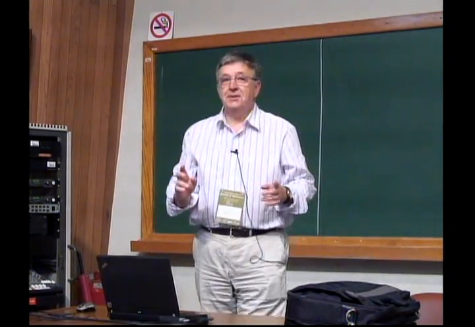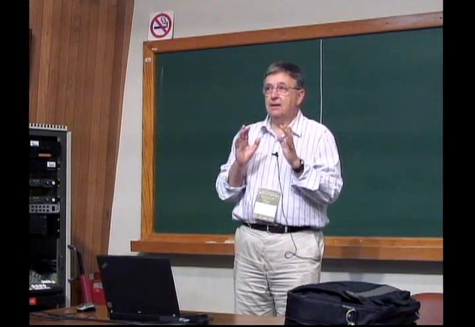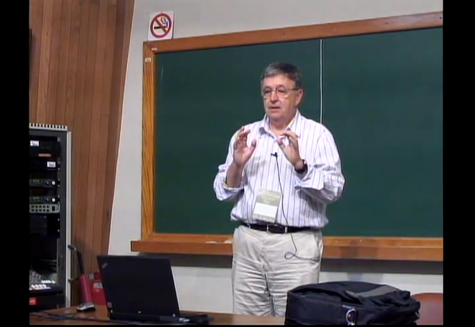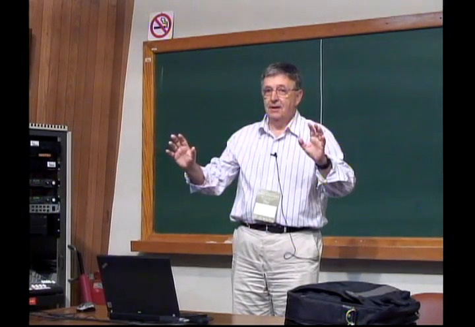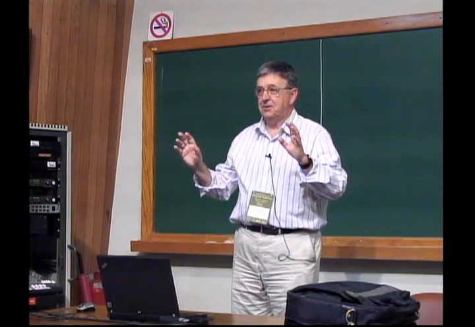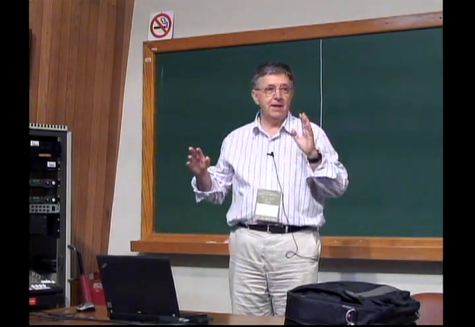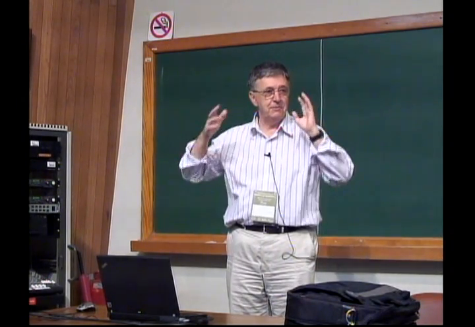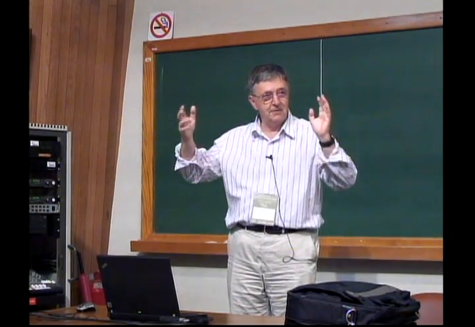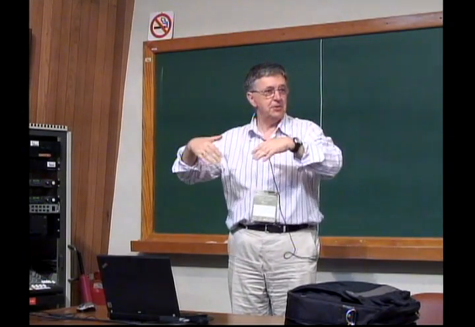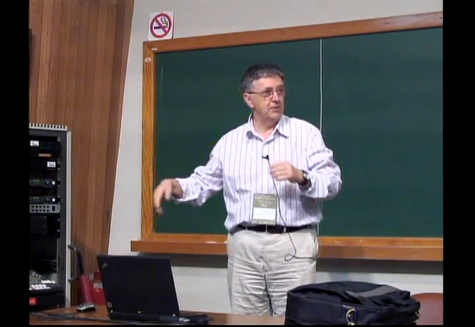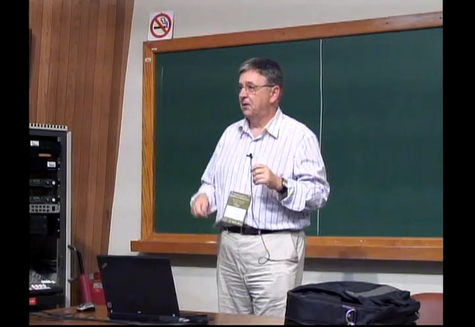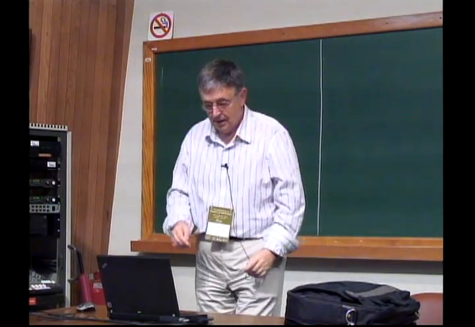Let me stop here for a second. It's clear that every sequence has a convergent subsequence, because you can just do this by diagonalization. You pick a subsequence for which the edge density converges. You go to a subsequence for which the triangle density converges, and so on, and then you take the diagonal, and then everything will converge.